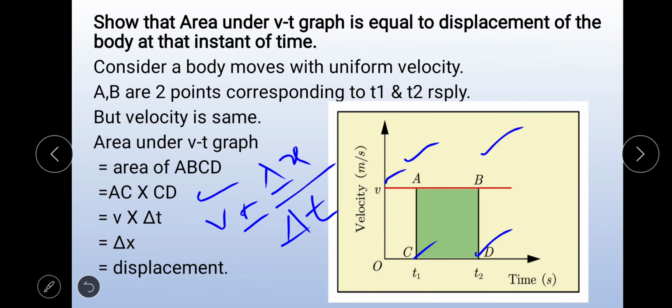Here delta X is displacement and delta T is time. Velocity V equals delta X by delta T. Hence V into delta T equals delta X. Here delta X is displacement, hence the proof.